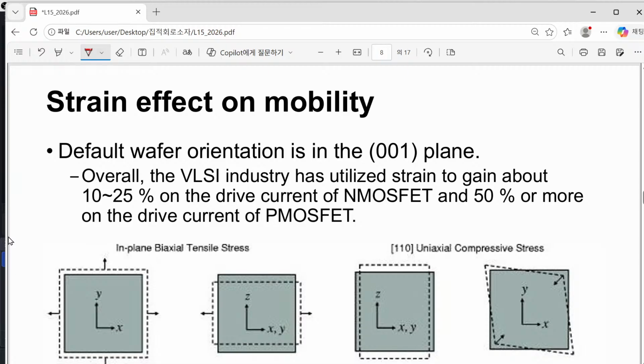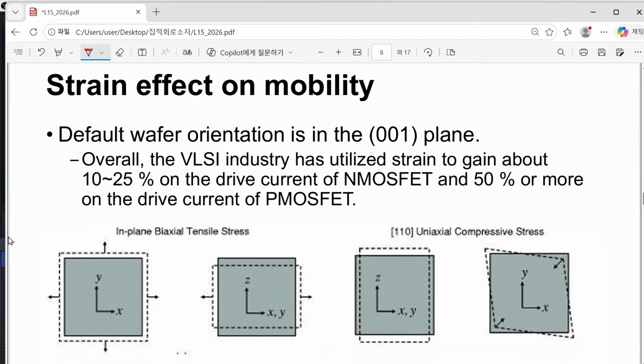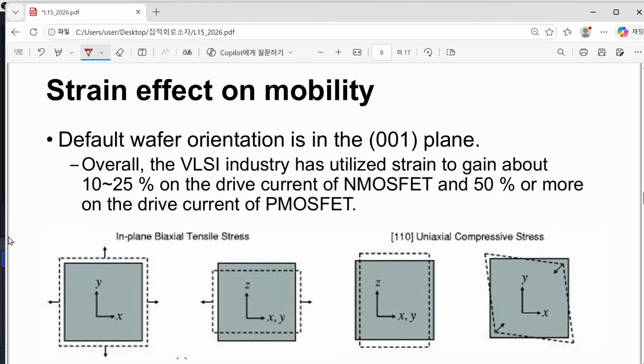Those other technologies are of no interest to us this time, but this slide is very important.